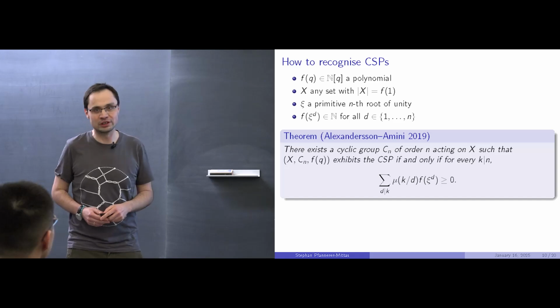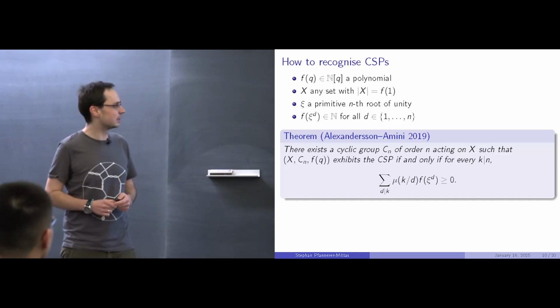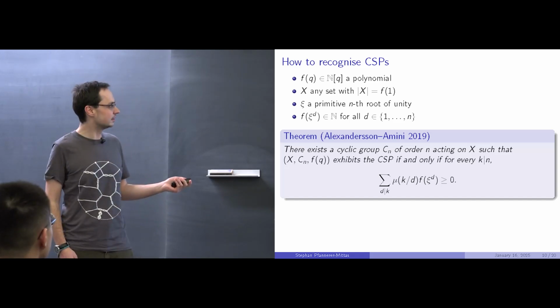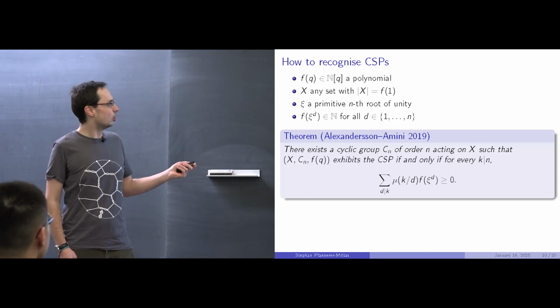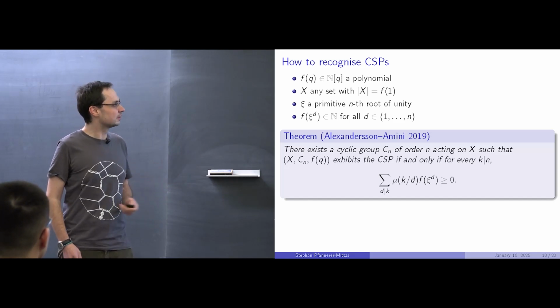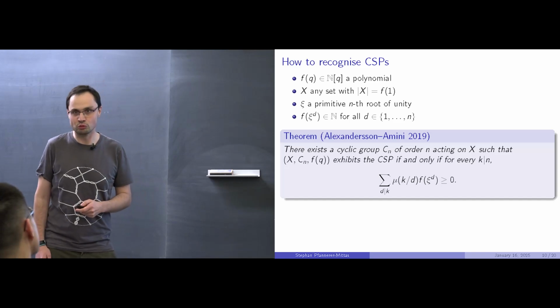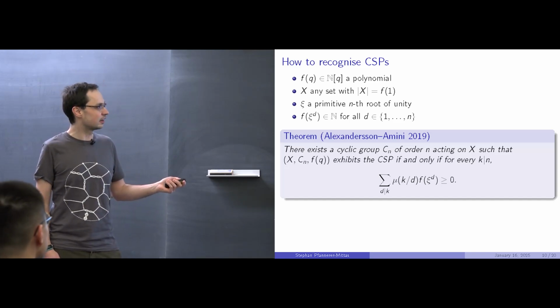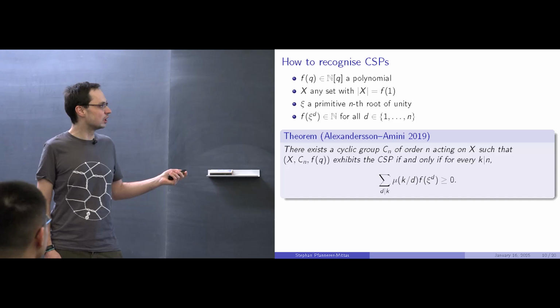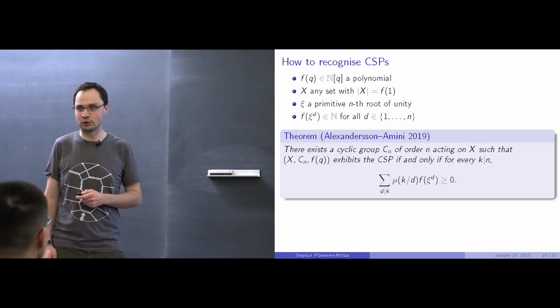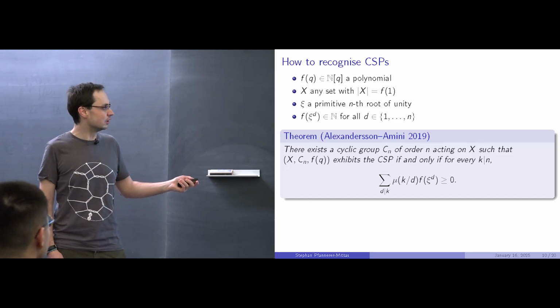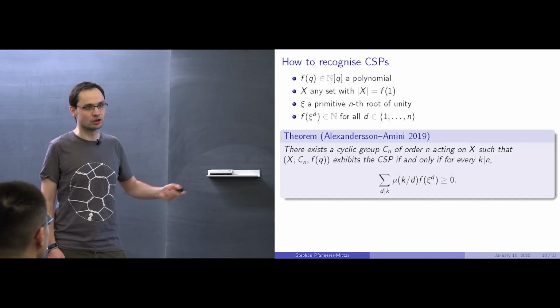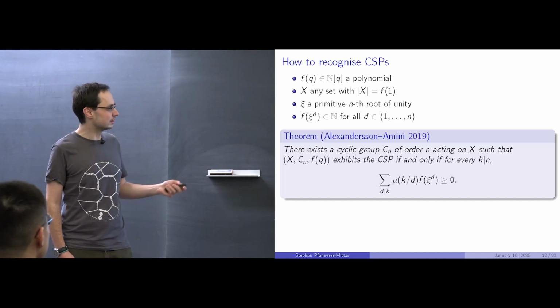And it turns out there's a really nice characterization due to Alexandersson and Amini from 2019 that if I have this setup, there exists some cyclic group action, C_n, acting on X, so that we get an instance of the cyclic sieving phenomenon if and only if, for every k dividing n, this sum here is not negative. So what is that sum?